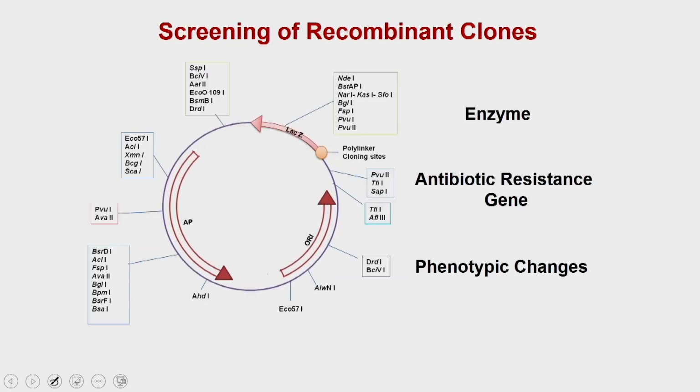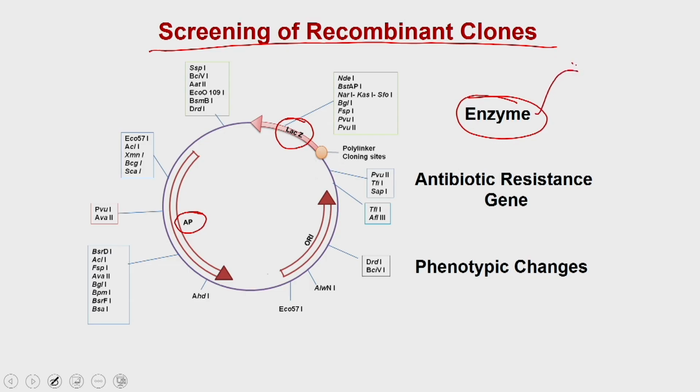Now, if you see a typical plasmid, this is the pUC19, what you will see is that you have an ampicillin resistance gene, you have an enzyme which is called LacZ, so if you take any plasmid where you have produced the recombinant DNA, you are going to have the enzyme which you can exploit for two purposes.